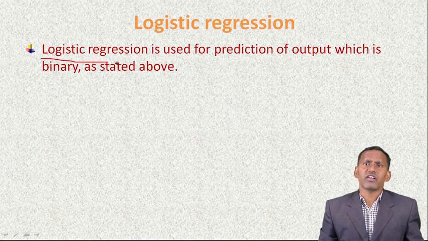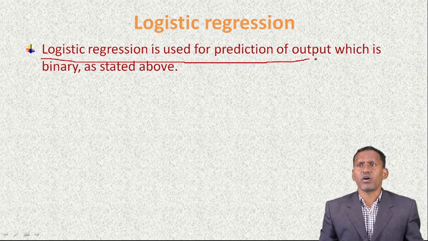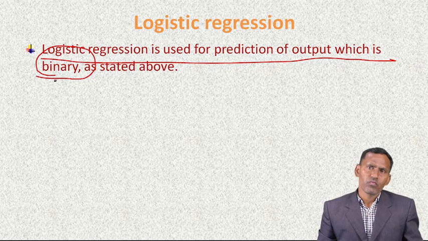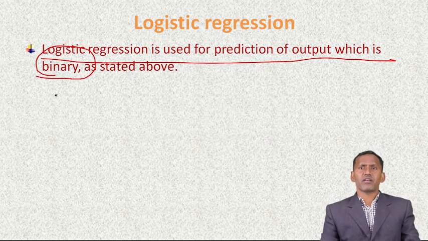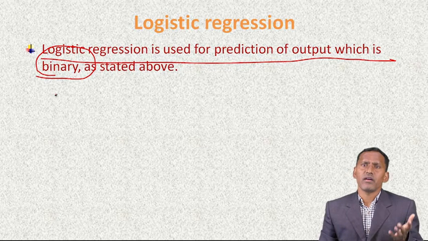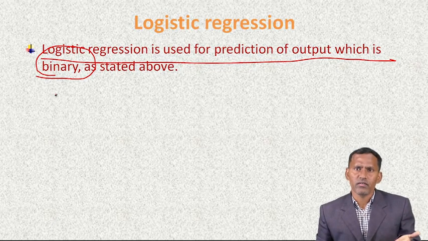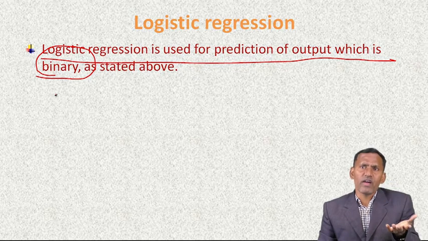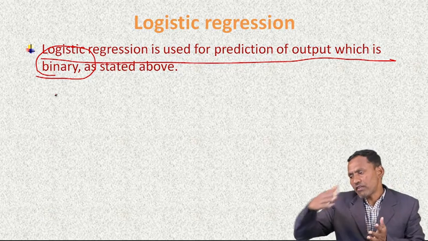Logistic regression is used for prediction of binary output. As per binary classification, the output is either 0 or 1. Binary means only two, so two classes will be there, and the output we get will be classified into two categories.